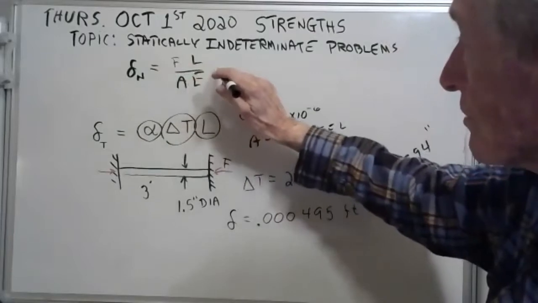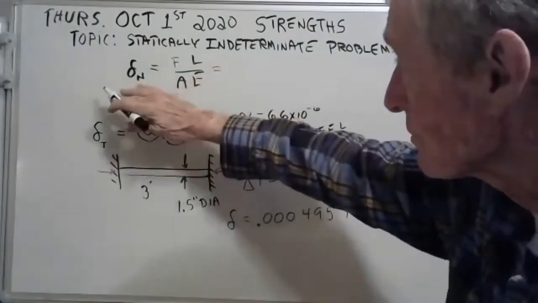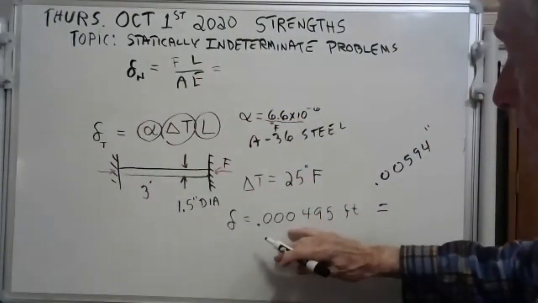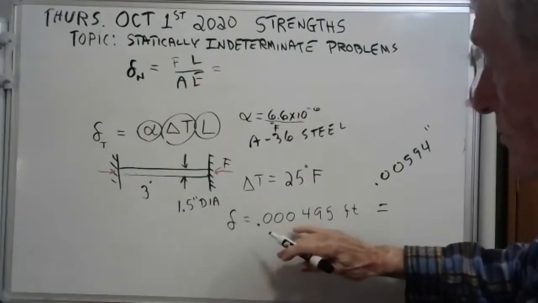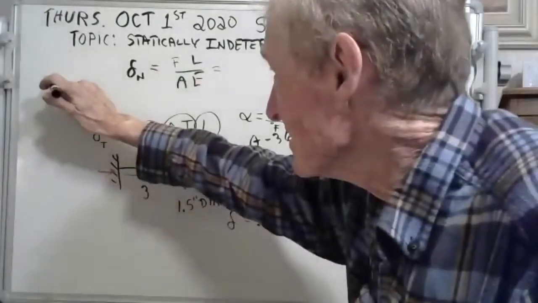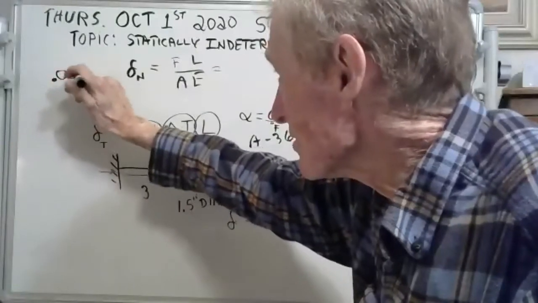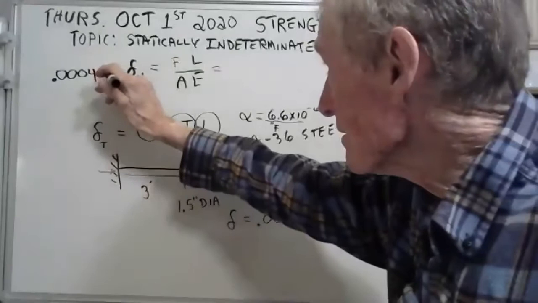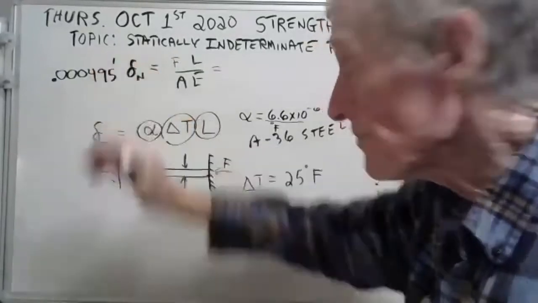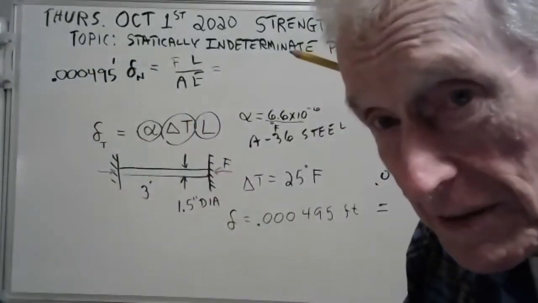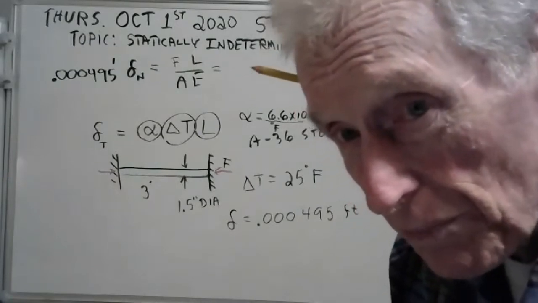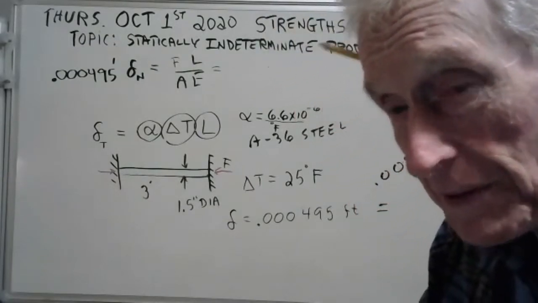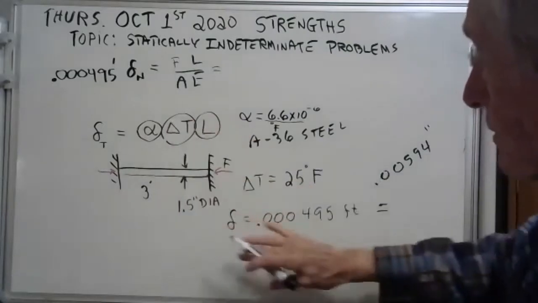So we have what this is. We probably should put it in feet: 0.000495 feet. I don't know if that shows up on your computers, but anyway, we know what it is.